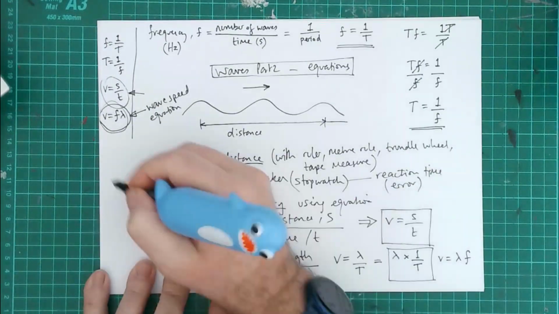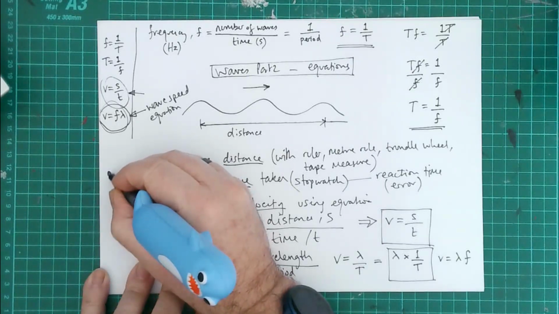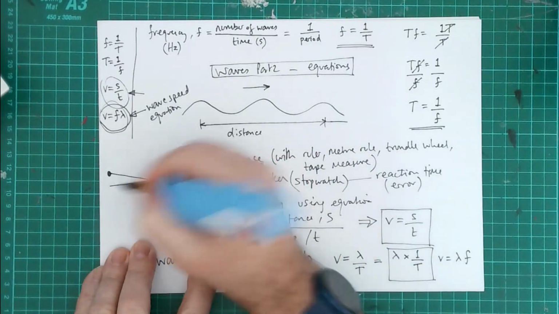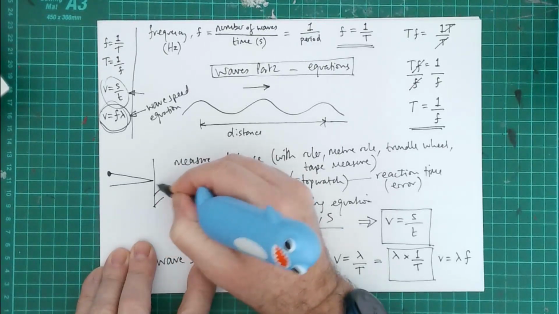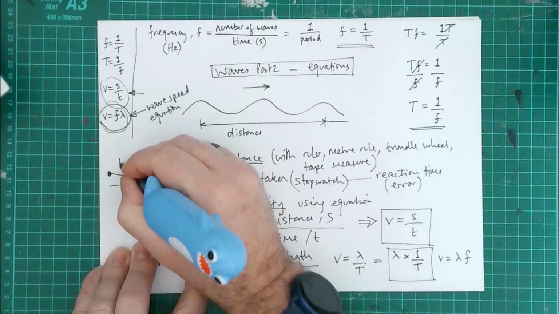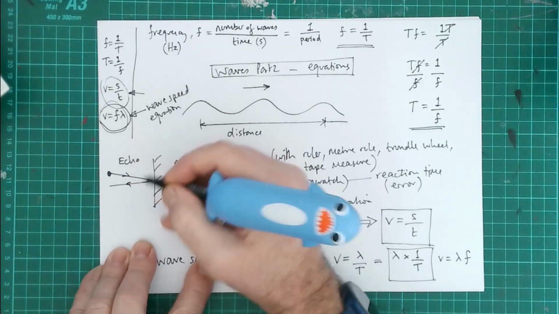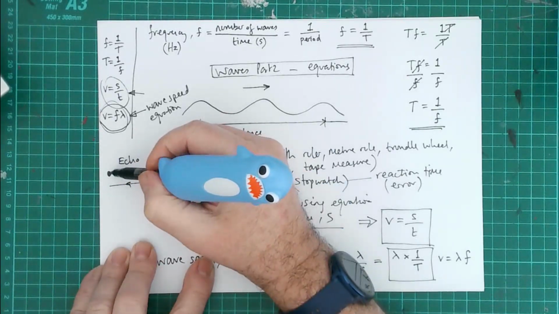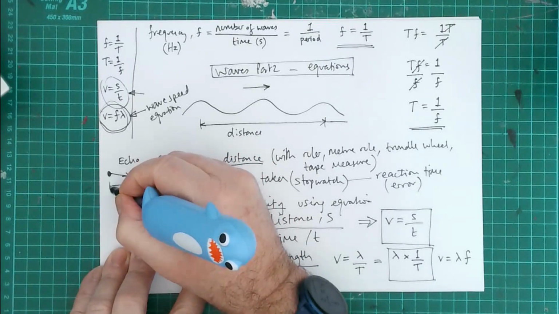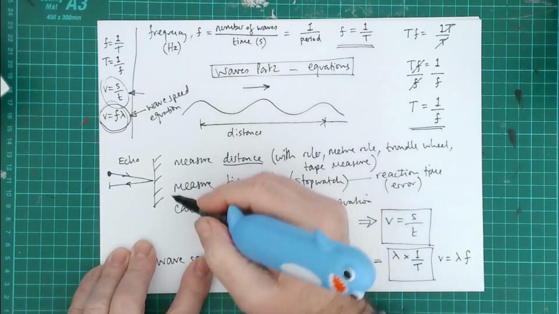So for example, if you are making a noise and that noise reflects off a wall, you're dealing with, for example, an echo. Imagine you're making a loud noise here. We're going to measure the time taken for the wave to be received as an echo.